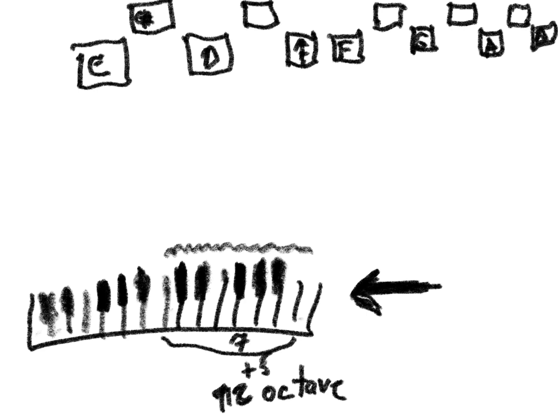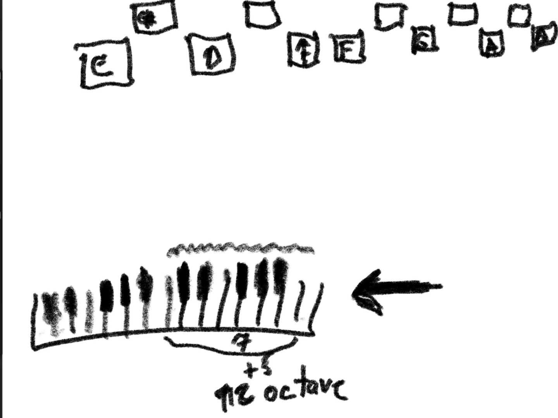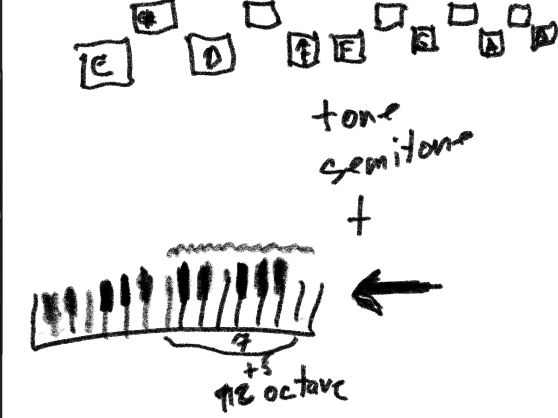You always have the key center, the tonal center, the root of the song, and you have all the different notes that have numbers to them. The relationships between the notes can be different. It can be a whole tone. It can be a semitone. It can be a third, as they say.